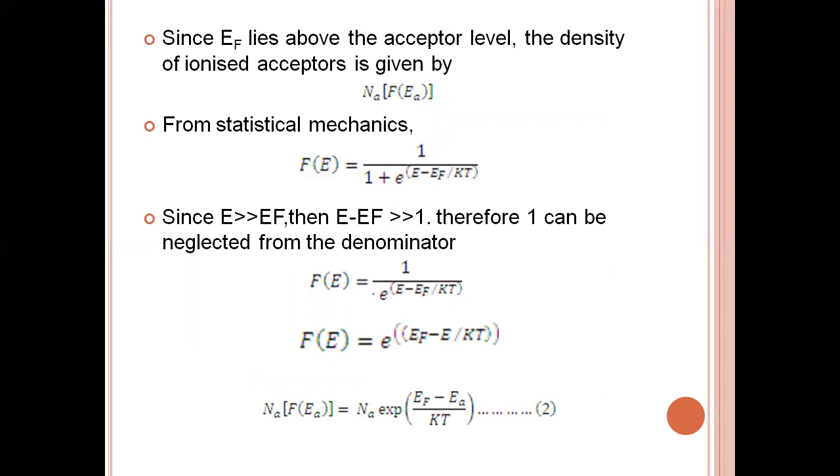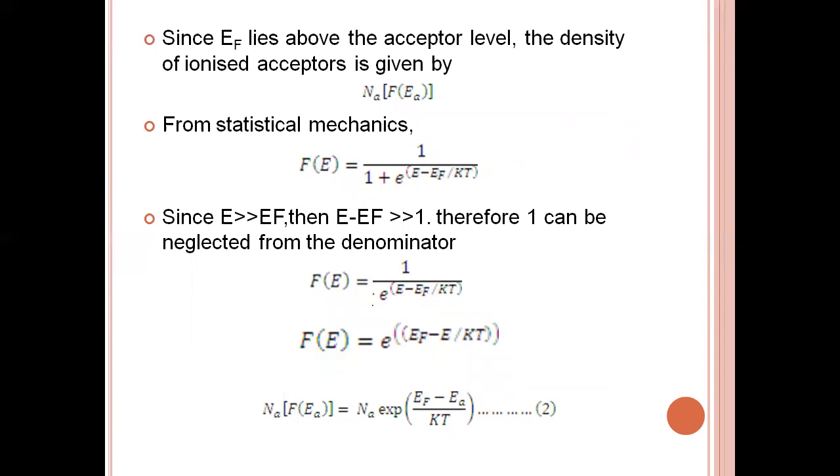The probability function from statistical mechanics can be written as f(E) = 1 / (1 + exp((E - EF)/kT)). Since the energy is much greater than the Fermi energy, (E - EF) will be much greater than kT, therefore 1 can be neglected from the denominator, leaving 1 by the exponential function.